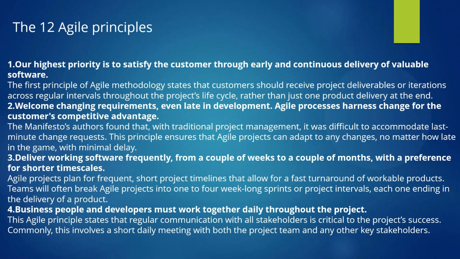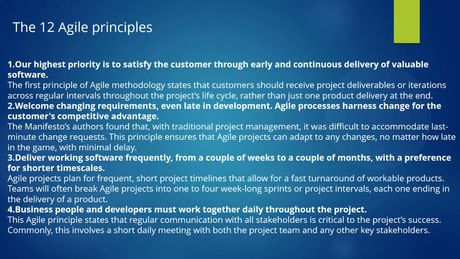Okay, and then what are the agile principles? The agile principles are making agile very popular. If we are in a project using agile, we are supposed to follow all these 12 agile principles. The agile principle says our highest priority is to satisfy the customer. Whatever the customer says, we have to agree and do as per the customer only.